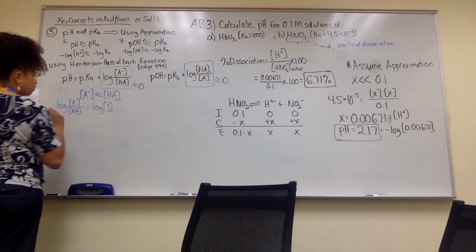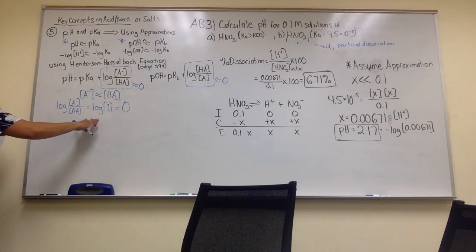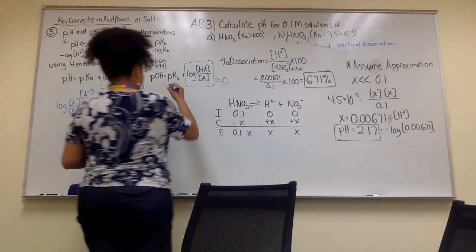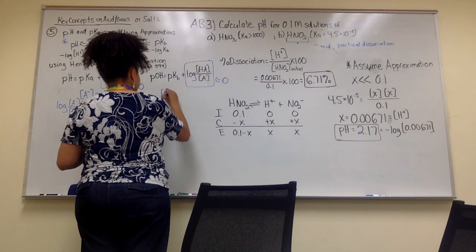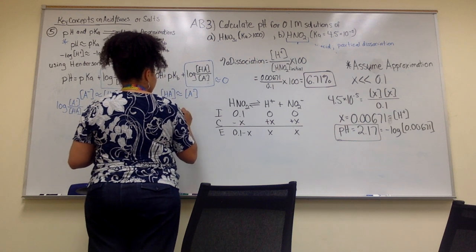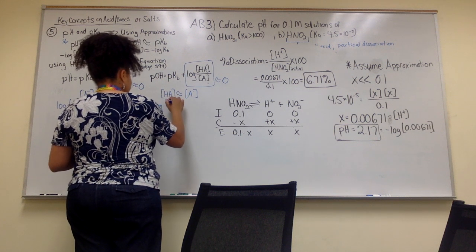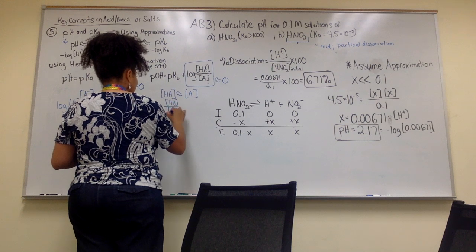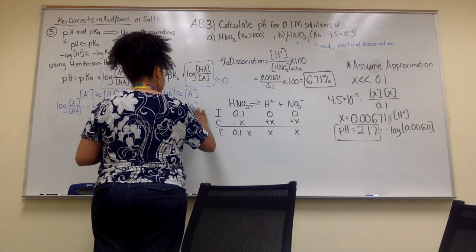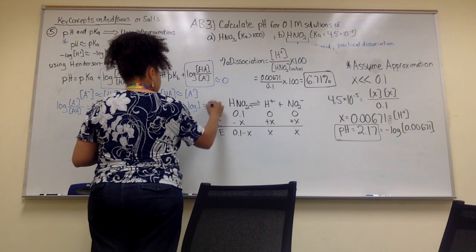And we know from our last exam that the log of 1 is equal to 0. So this is how we get to this. Similarly, over here, we're assuming that the conjugate acid concentration is about similar to the base, the anion concentration, which would then mean that the log of HA over A minus is equal to the log of 1, which is then equal to 0.